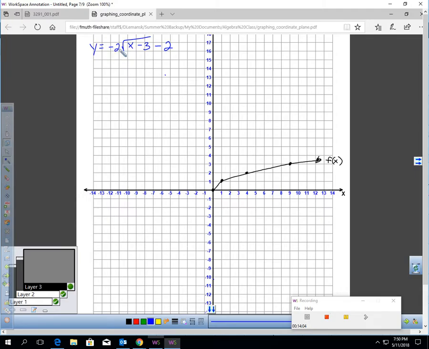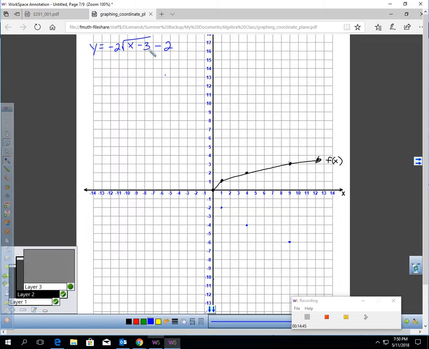So negative 2 means double and reflect. So if I take 1 and double it, I get 2, and I reflect it, it's here. Okay, I'm going to put a little mark there. Okay? And then this point, double it and reflect it. So that would go to 4 and reflect it down to negative 4. And then this point, double it from 3 to 6 and reflect it down here to negative 6.